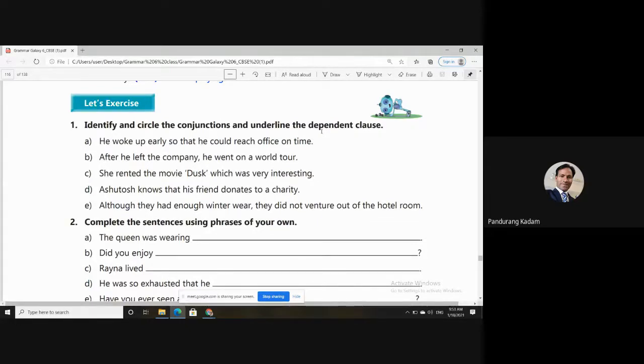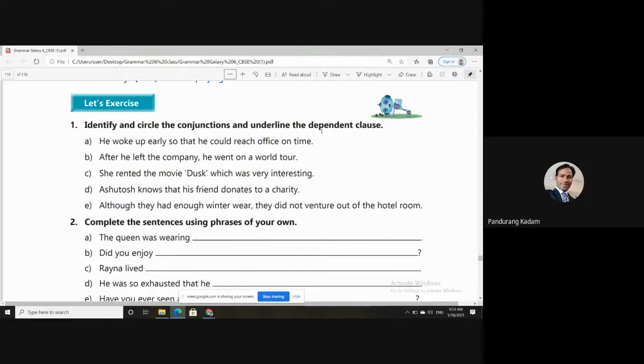Next sentence C. She rented the movie Dusk, which was very interesting. Very good. Which is the conjunction?